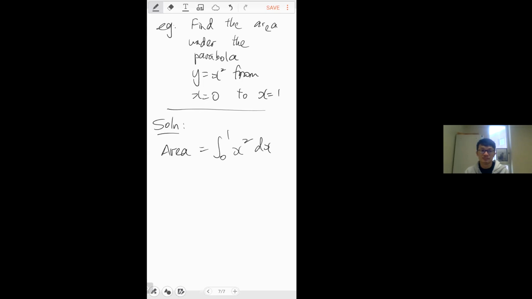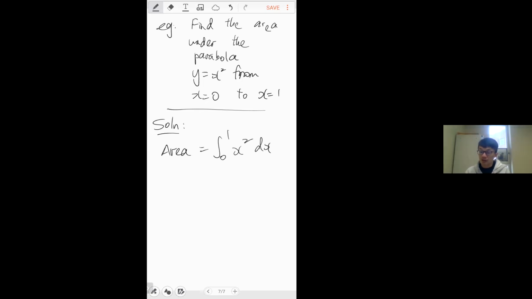Does it make sense? That was the original definition. So area under the graph is the same as the integral of a function from the initial point to the end point. Is that okay?